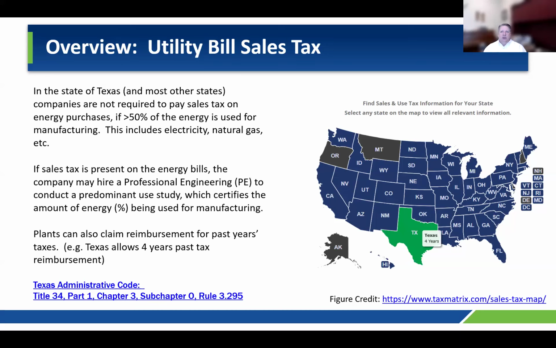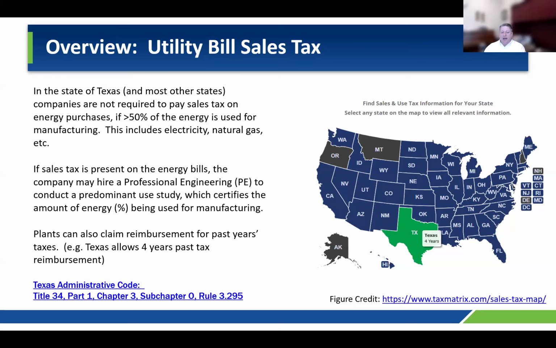And that includes lights and air conditioning. If it's being used for the manufacturing space, that typically counts. And then you take this report, this predominant use study, you file it with your utility, and that utility will then omit sales tax from your bills from then on.